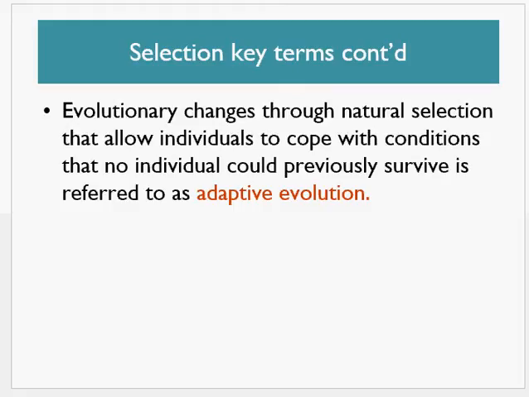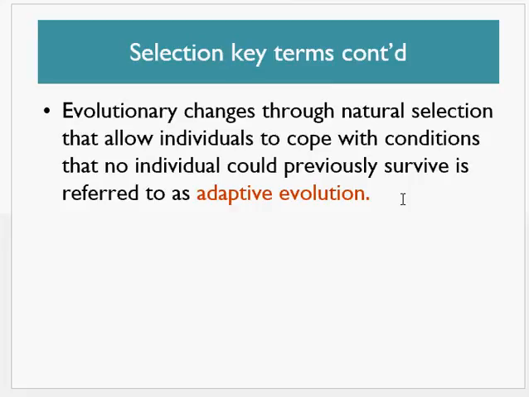It's not allowing the time for natural selection to work, and therefore adaptive evolution to work, to allow those species to change to those different environmental characteristics around the world.